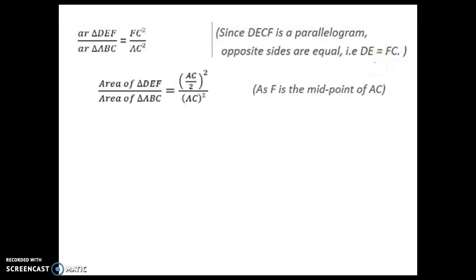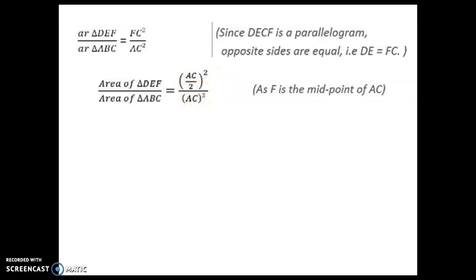FC, what is it? FC is half of AC. We know F is the midpoint of AC. So FC is half of AC. That's why we are replacing it by AC by 2, the whole square.